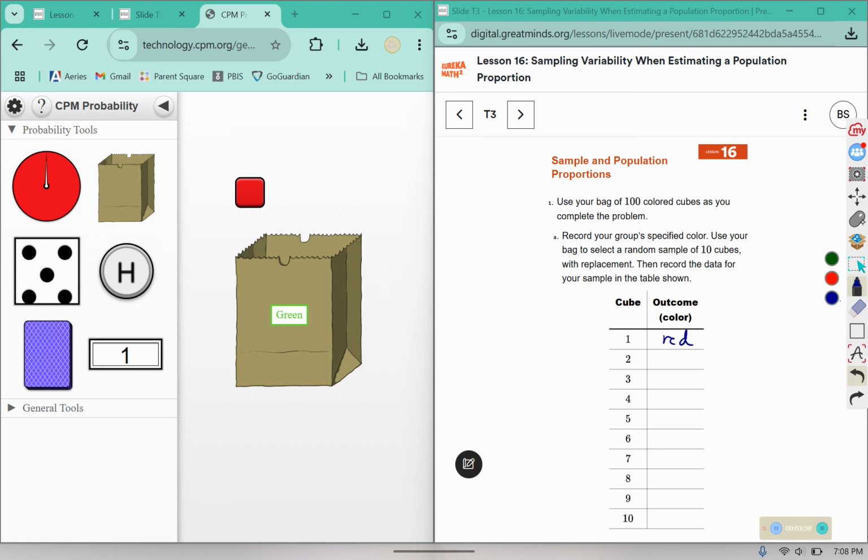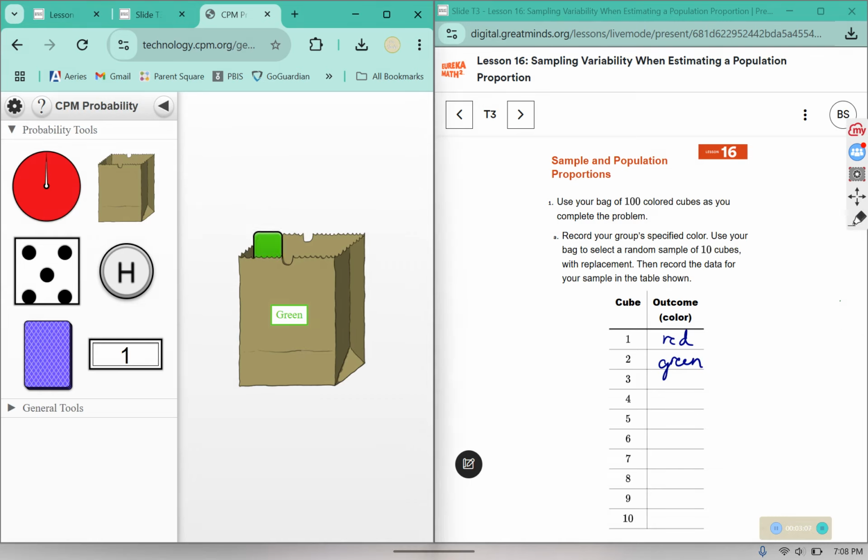The first one is red, then green, green again, green one more time.